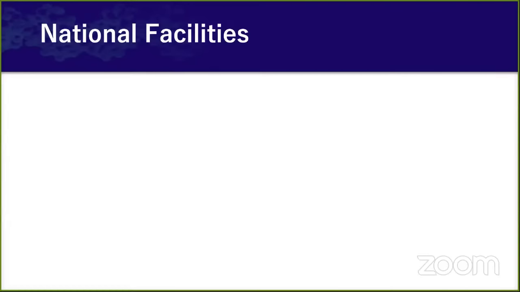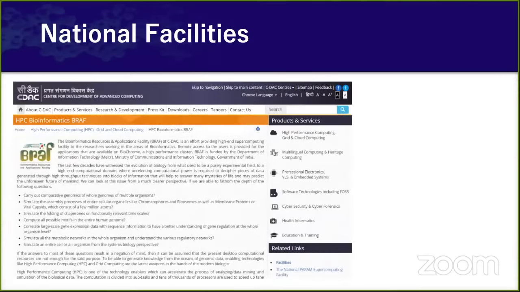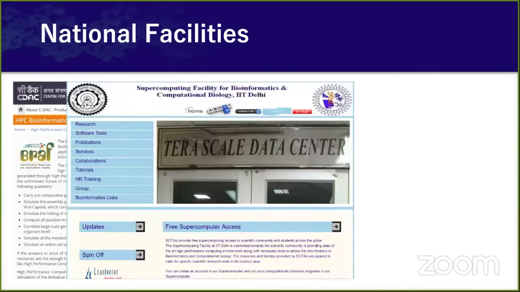So this is for the Indian participants. The government of India has a dedicated bioinformatics supercomputing facility called BRAF, and then we have others like SCF Bio, which can be used freely by the academic community within India.